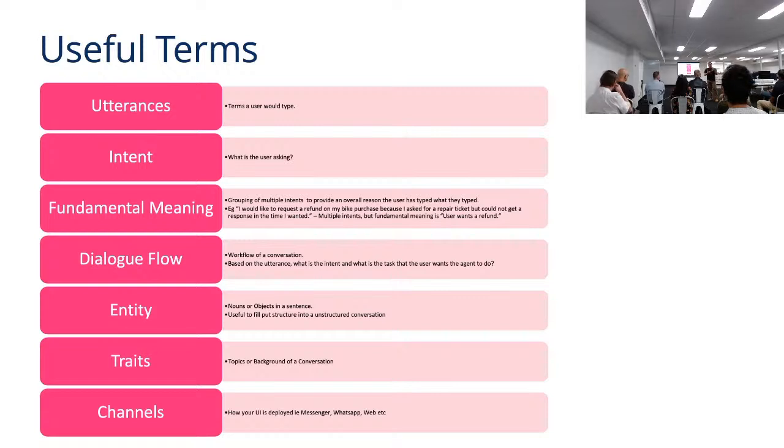So if you're typing in, I want to lodge a claim, it's not doing a search. It's actually interacting with the chat interface to go, okay, lodge a claim, start asking a bunch of questions, or present them with a form. So people are getting away from the little pop-up and building their conversational UI into their website itself.